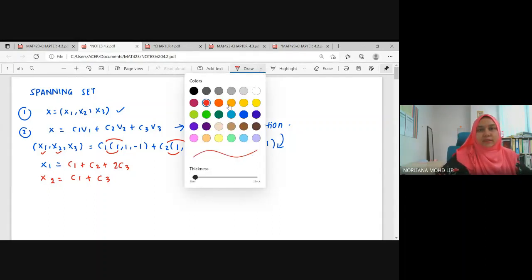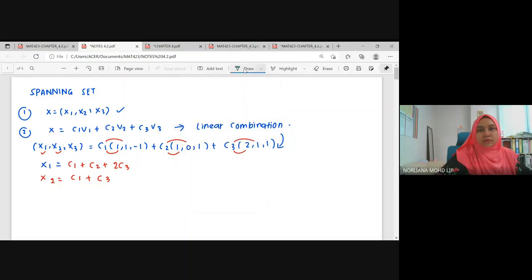And then for X3, so X3 equal to negative C1 plus C2 plus C3.